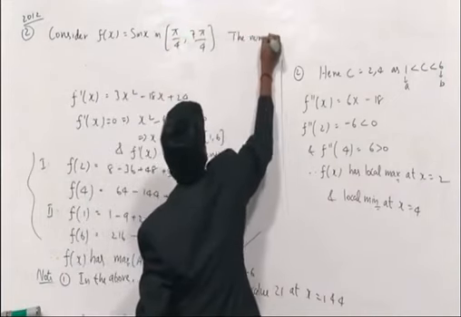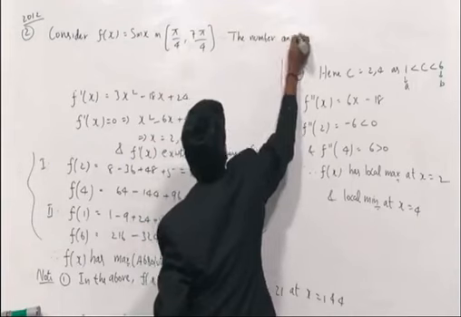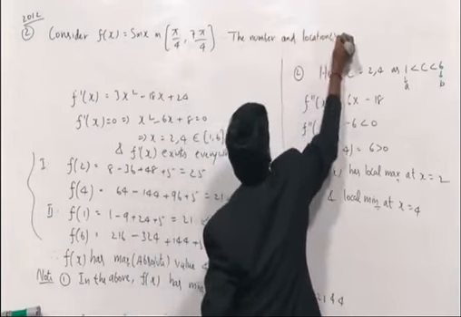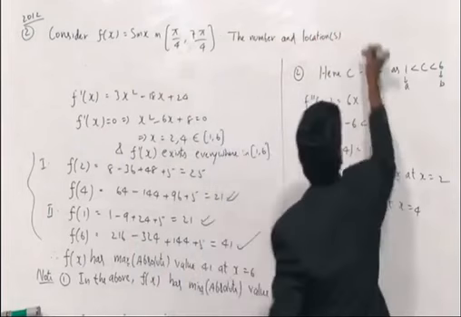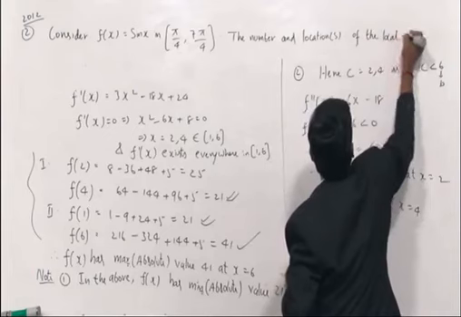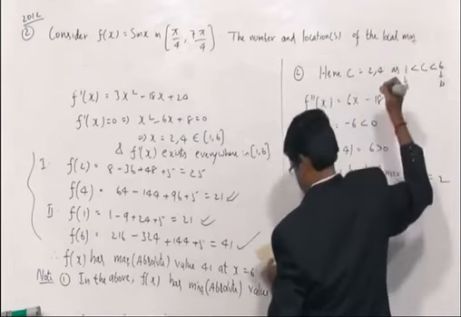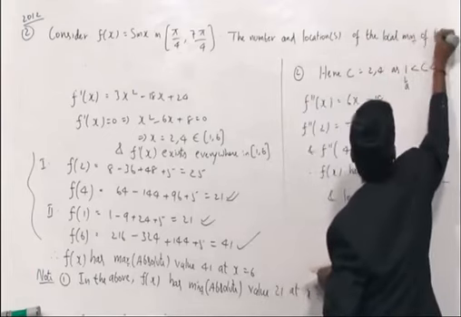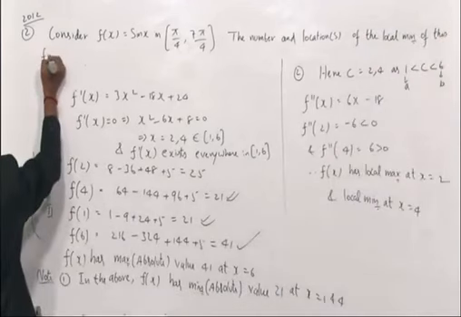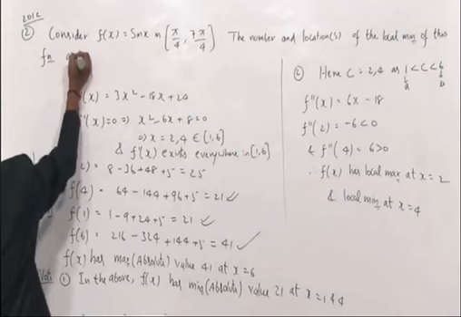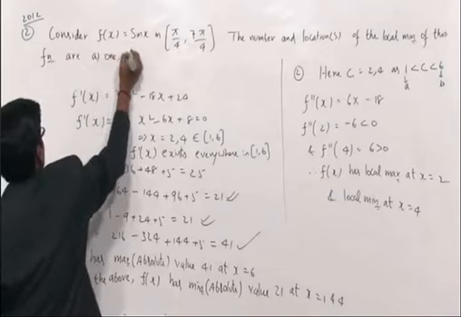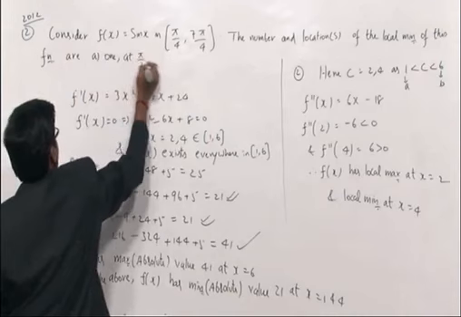The number and location, or locations, of the local minimum of this function are: options. A, 1 comma at pi by 2.